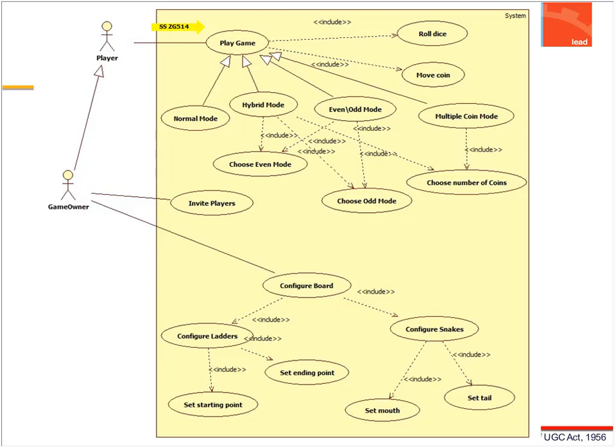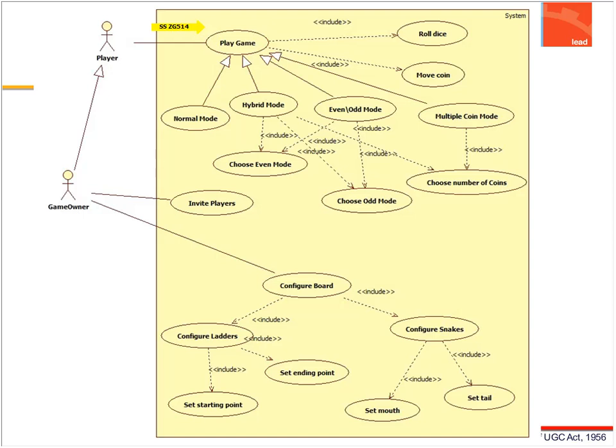This is what a use case diagram aims to capture, and this is what you are expected to draw given a case study. Given a case study, if you're asked to draw a use case diagram, please identify the way the system can be used by the actors and what are the various actors.